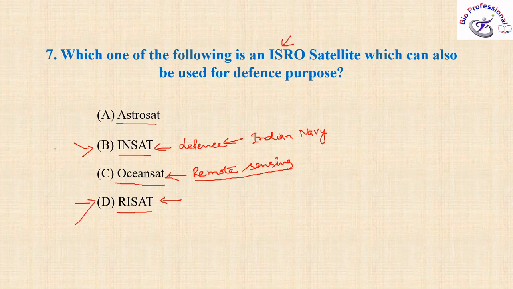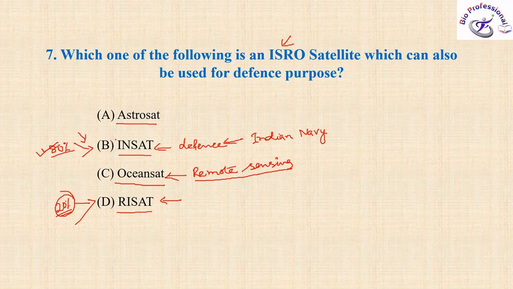Let's say if INSAT is used 80% of the time for defense purposes and RISAT 20%, this can also be the answer. But it depends on the SLET commission which option they give as correct. Most probably they will give INSAT as the answer, the Indian National Satellite System.